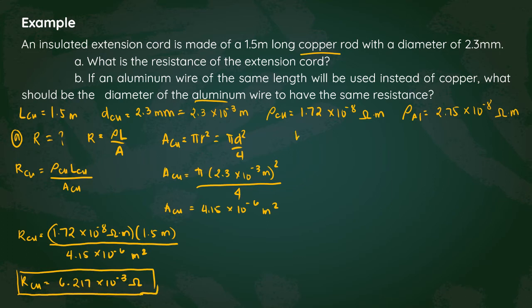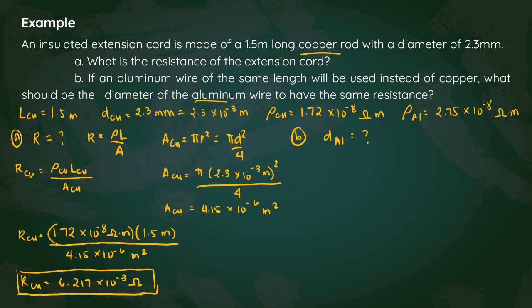For question B, you are asked for the diameter that the aluminum wire should be if the material used for the wire, originally the 1.5 meter long copper rod, is changed to aluminum. What will be the diameter if we retain the same length and we want to have the same resistance?